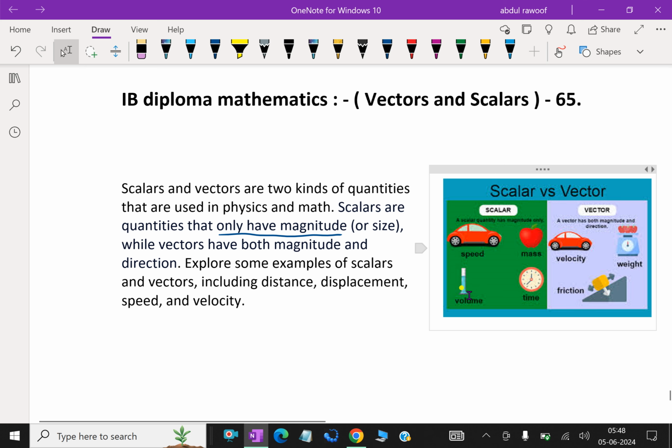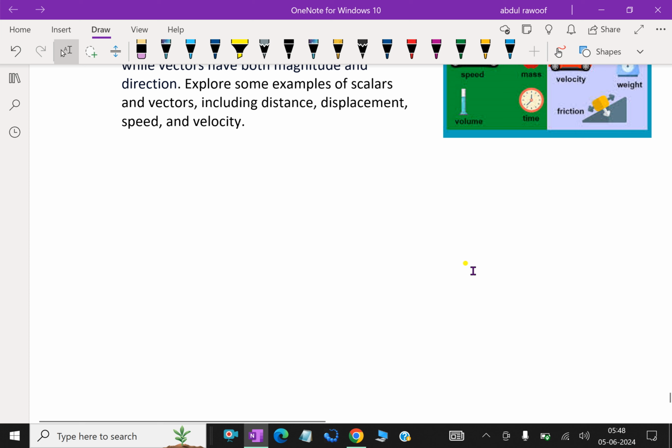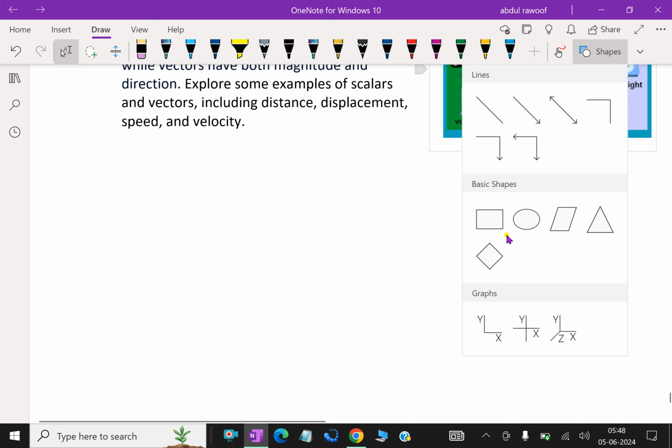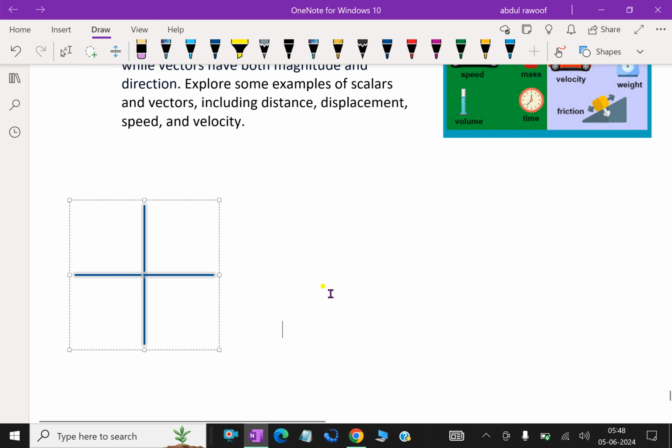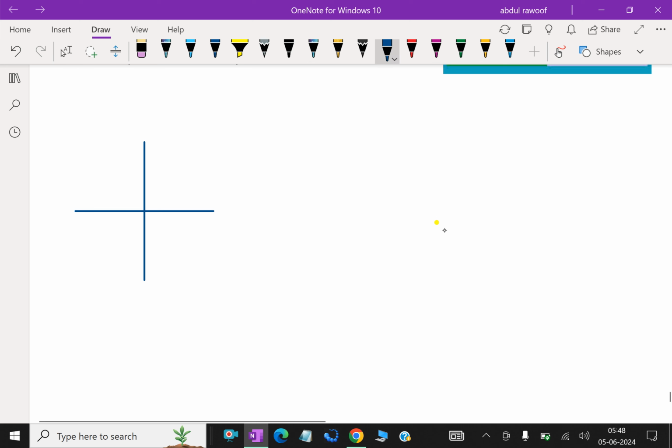Now consider here, this is the x direction, and this is the y direction.